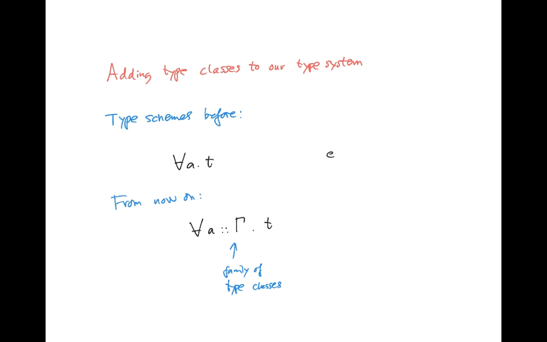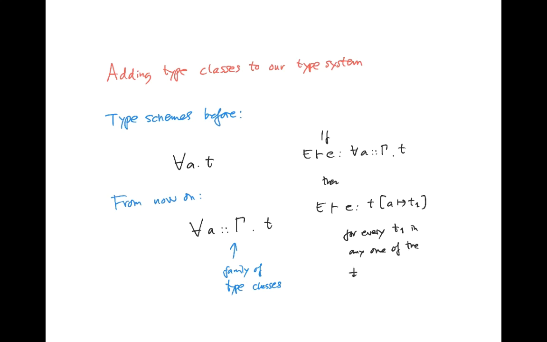So if E has the type for all A, gamma T, then we know that E in our type environment will have type T, where A substitutes by T1 for every type T1 in any one of the type classes in big gamma.